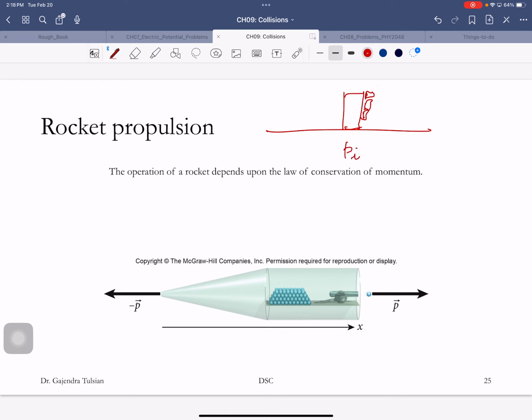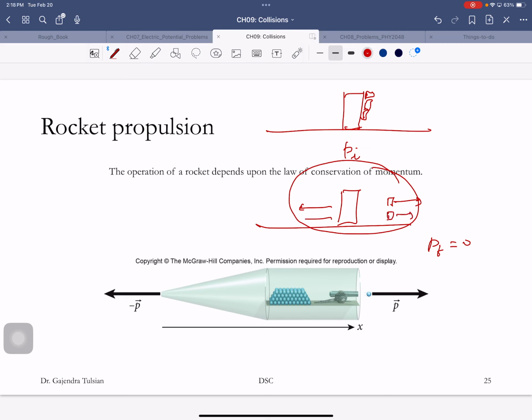Now, if you want to move, what do you do? You throw one of your physics books, and you'll recoil. The total momentum of this system is still zero. You want to move faster, throw another book, and you'll move faster.